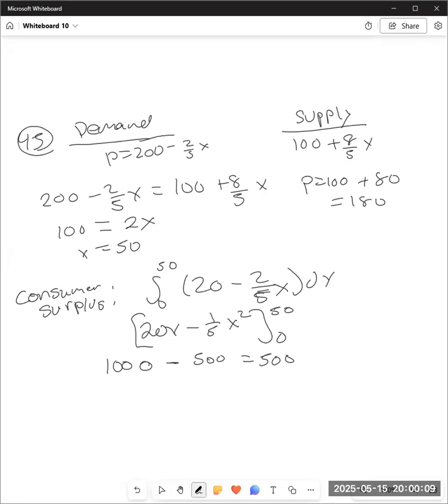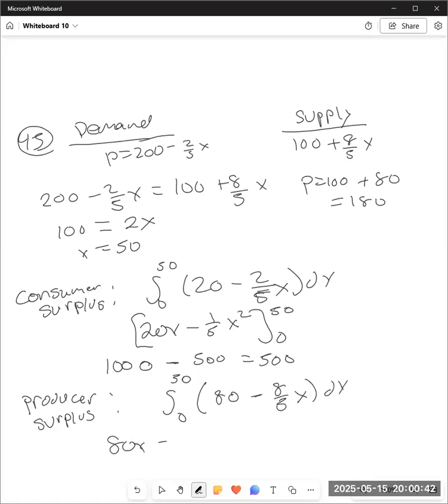And then producer surplus is the integral from 0 to 50 of price minus supply. So 180 minus 100 is 80, minus 8/5 x, dx.